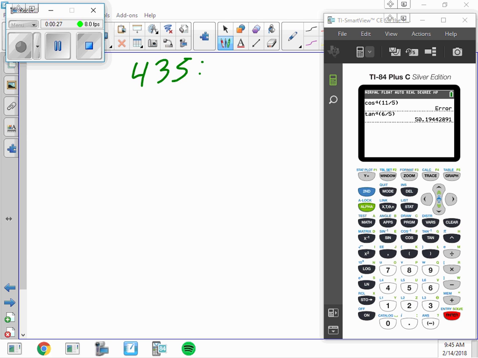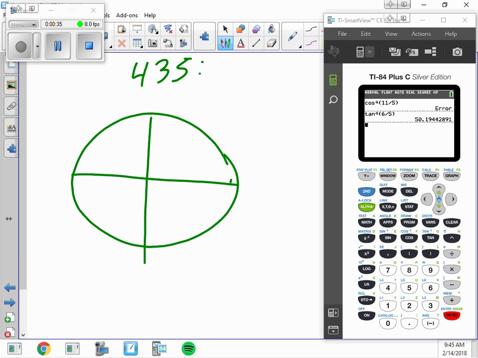We need to review the definition of radians. So if I have a circle, and no matter how big your circle is, you call the radius 1. So radius is 1. And then 1 radian is the angle created when you travel around the circle equal to the distance of the radius.